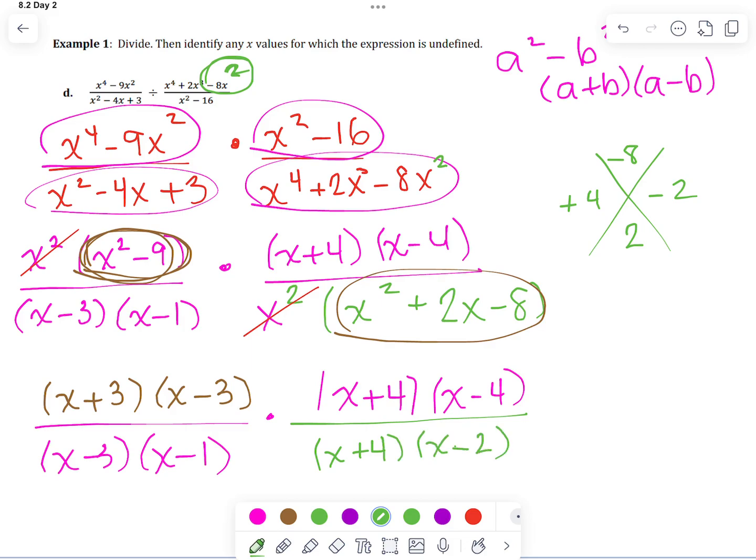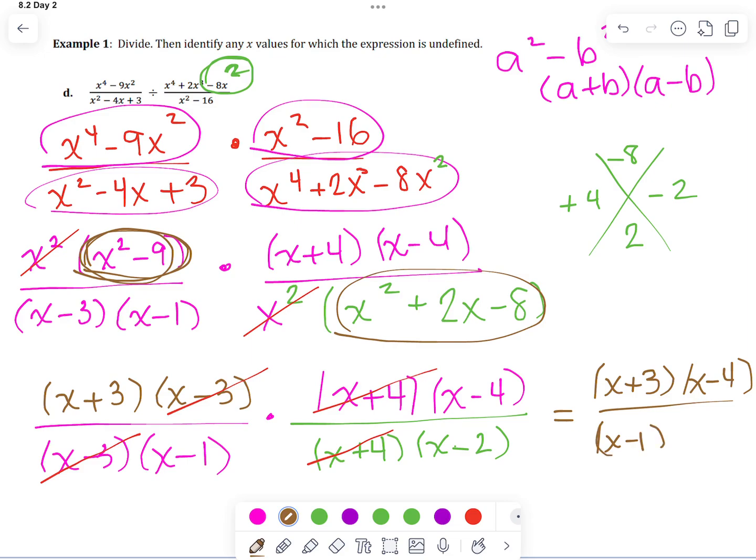All right, now let's go ahead and cancel. So an x minus 3 and an x minus 3, an x plus 4 and an x plus 4. And then we multiply across. And then we look for all of our domain restrictions.